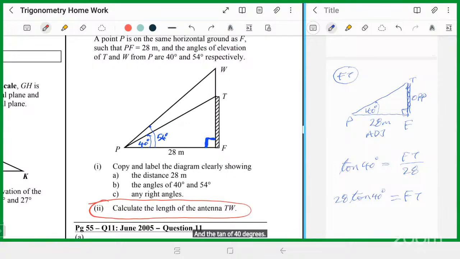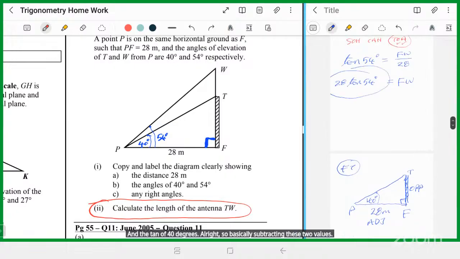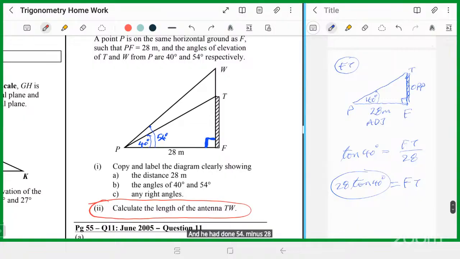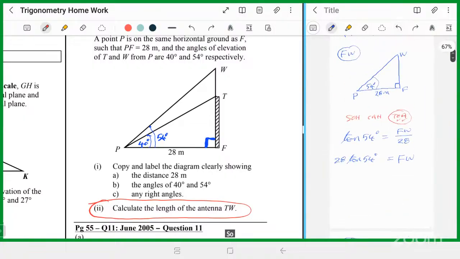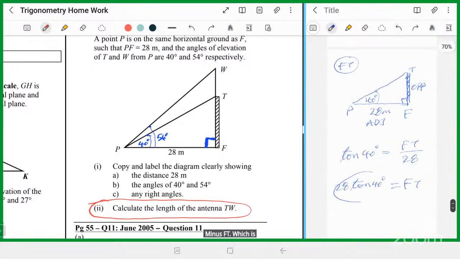All right. So basically subtracting these two values, 28 tan 54 minus 28 tan 40. So we're doing this figure, which is this one, minus FT, which is this one. All right.